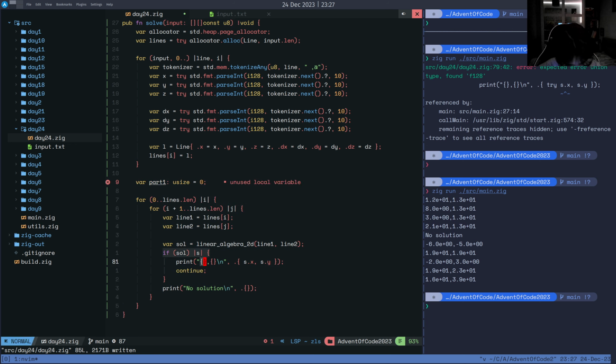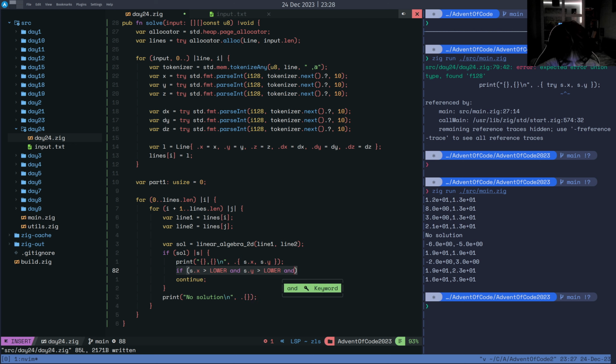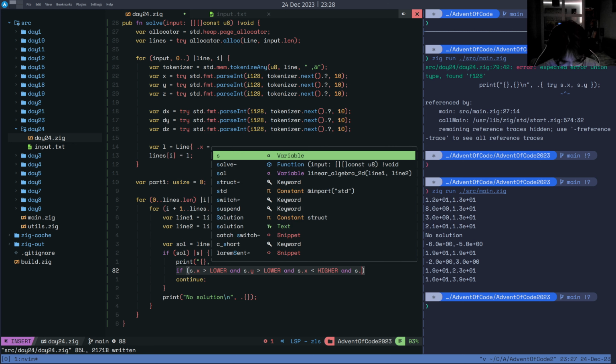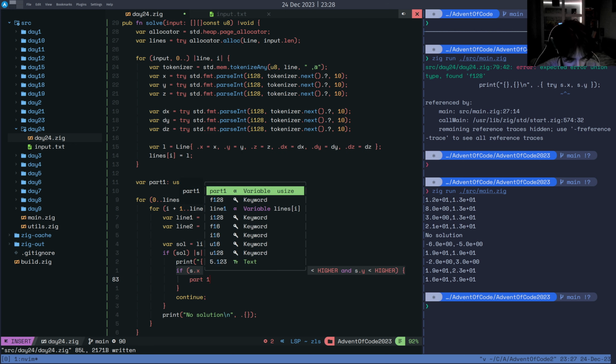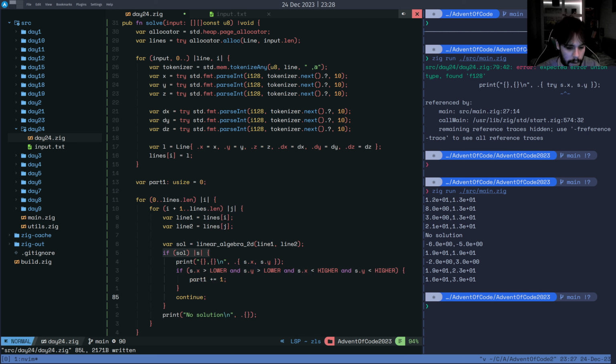Okay, so we do solution, and we go if s dot x is bigger than lower and s dot y is bigger than lower and s dot x is smaller than higher and s dot y is smaller than higher, then part 1 plus equal 1, and we continue.